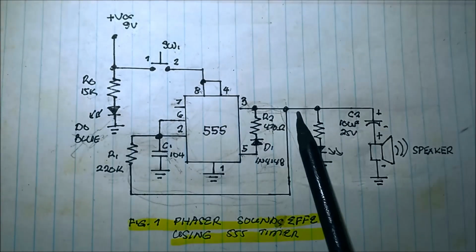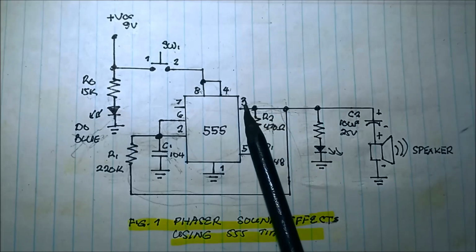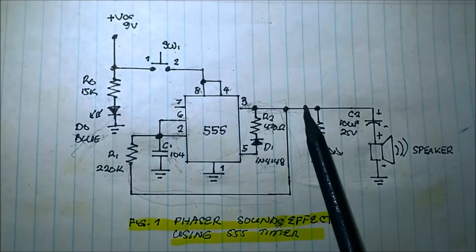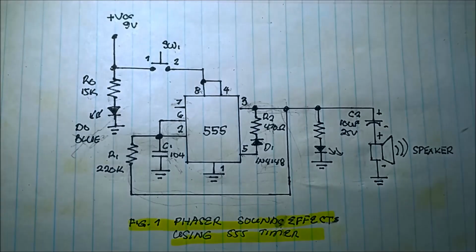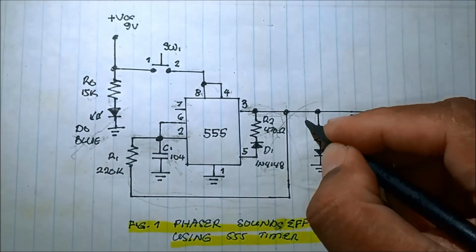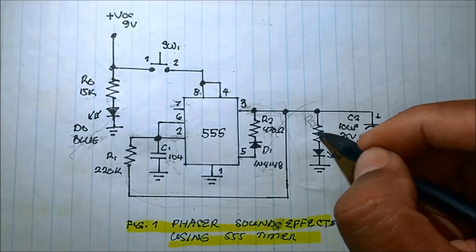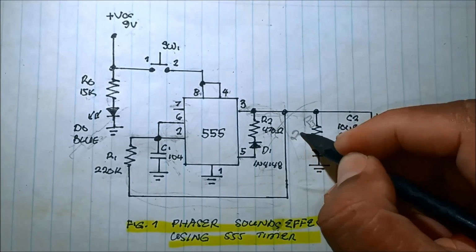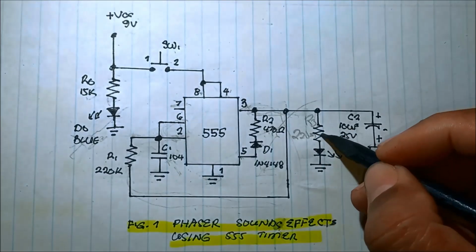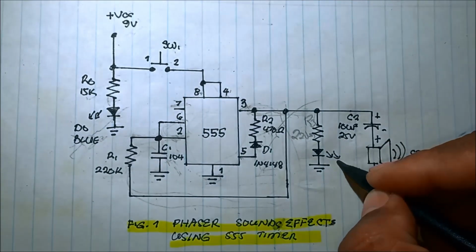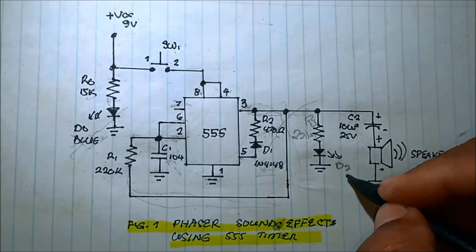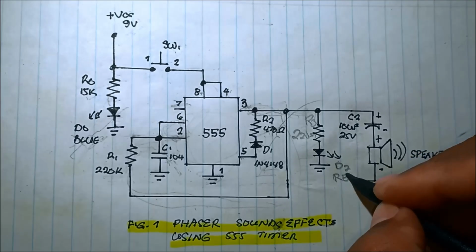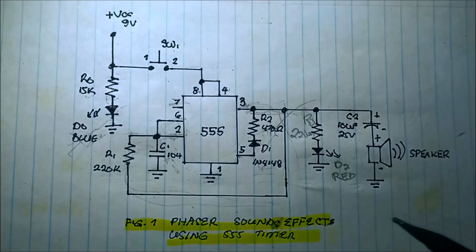And then to the output also connected, which is pin number 3, the output pin is the, what is this? R3. I think it's 220 ohms resistor with this red, transparent red LED.